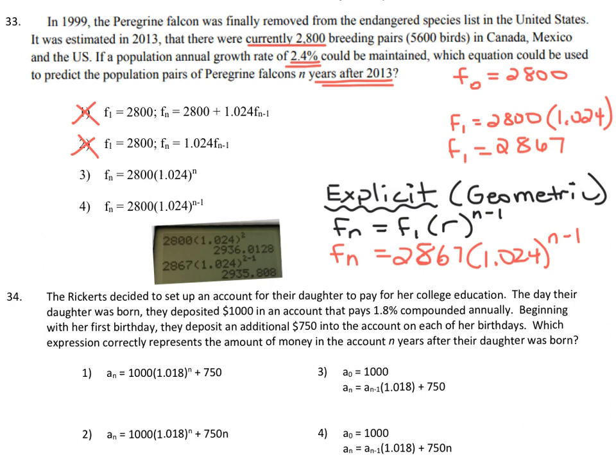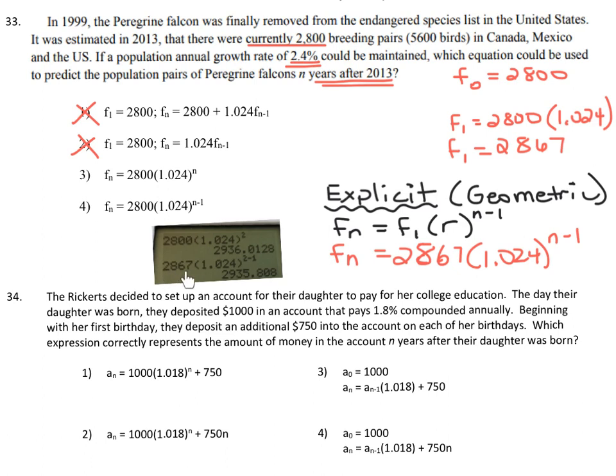Okay, so I actually did that. I took choice 3 and I just replaced this n with a 2. And then I took this and replaced the n with a 2. Now, if you notice, they don't match up exactly. They're pretty close. But the reason they don't match up exactly is because didn't I round this number originally? When you multiply 2800 by 1.024, it actually gives you 2867.2.